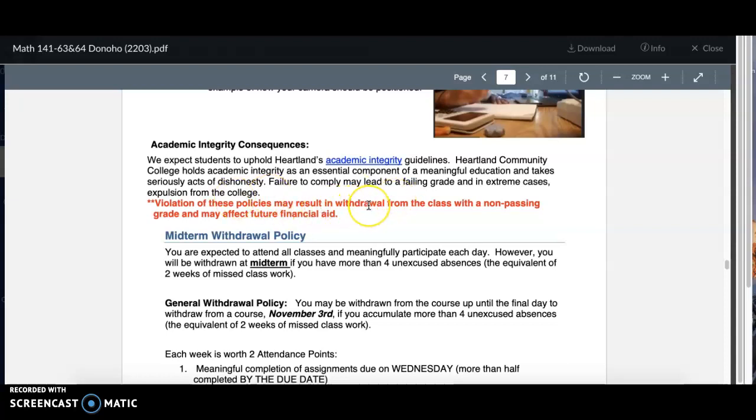Most of the time it ends up just with a not passing grade on that exam, but if it escalates, you could be withdrawn from the class, and that could affect all sorts of future financial aid and have many negative implications down the road. So do not get yourself in an academic integrity consequence.